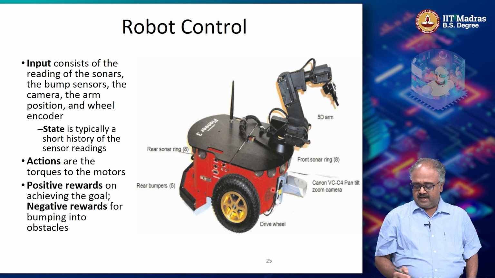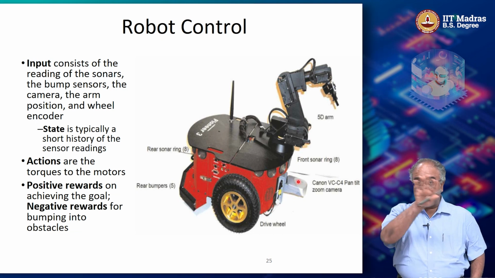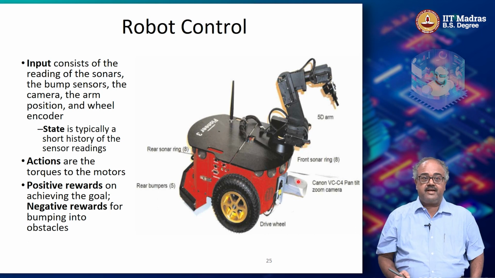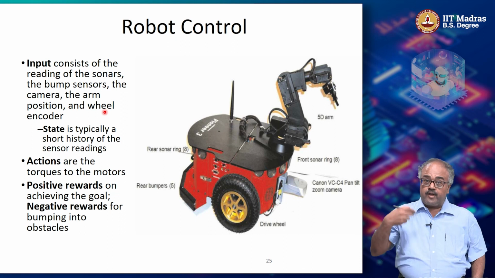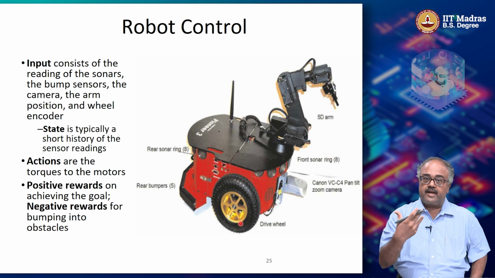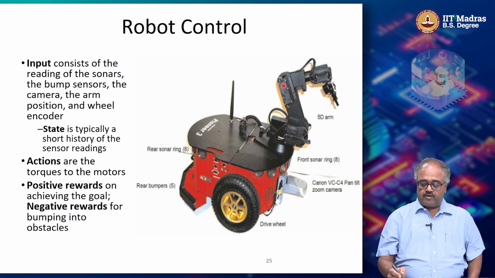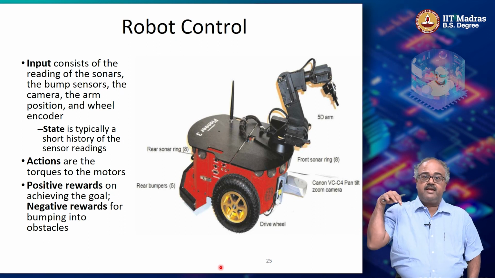And then you have a camera here. The camera will give you the visual input coming from the front, and then you have these things called wheel encoders that tell you how fast the robot is moving, like a speedometer. And then of course you have sensors for looking at the different angles at which the arm is bent.